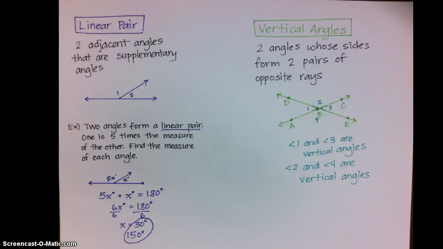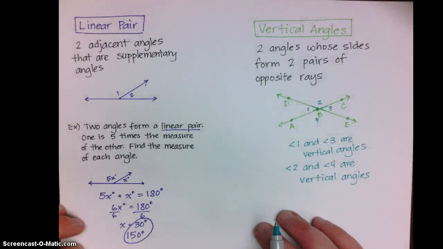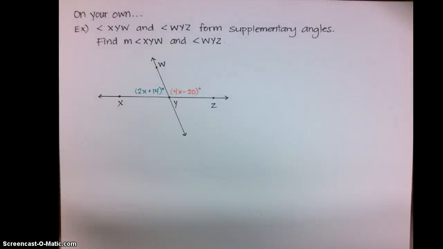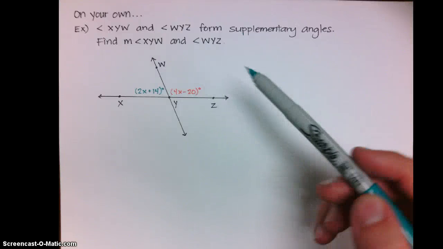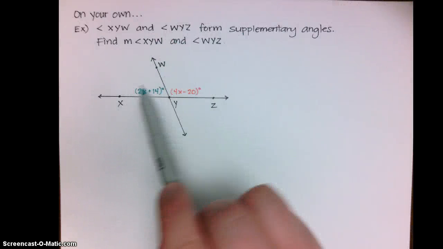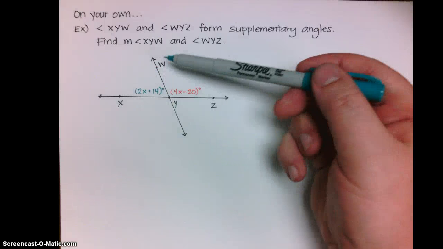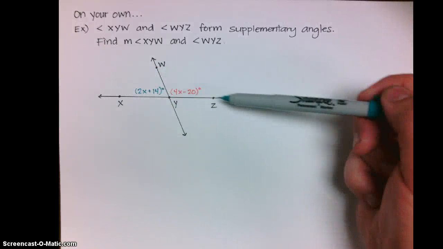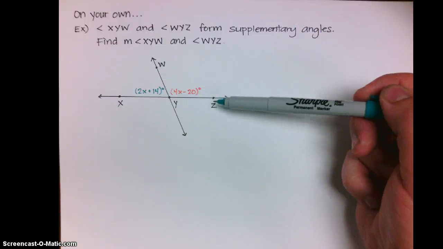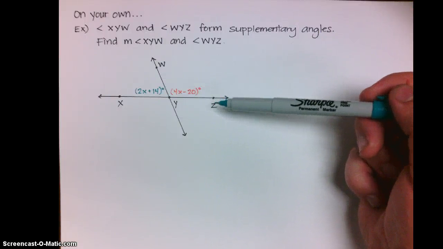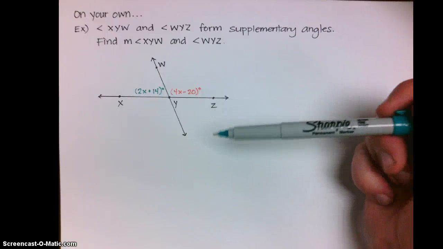So I'm going to leave you with one practice problem based on all of this knowledge and all of these terms. On your own, we're told that angle XYW and also angle WYZ form supplementary angles. So look back, what does supplementary angles mean? That they add up to how many degrees?